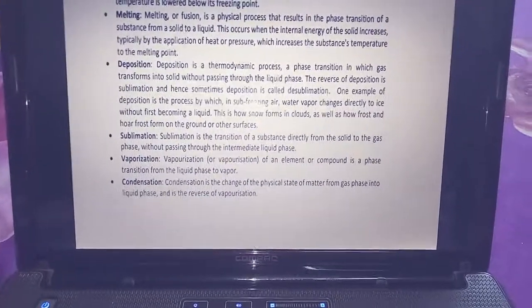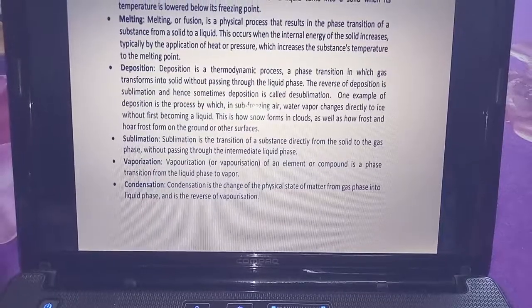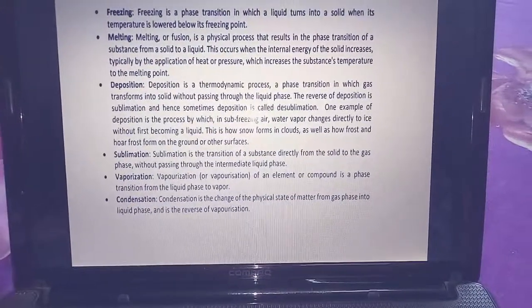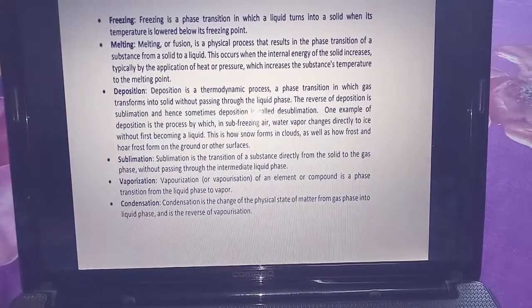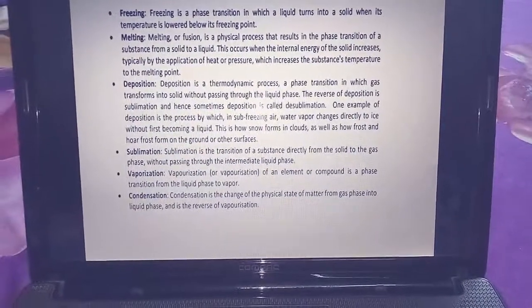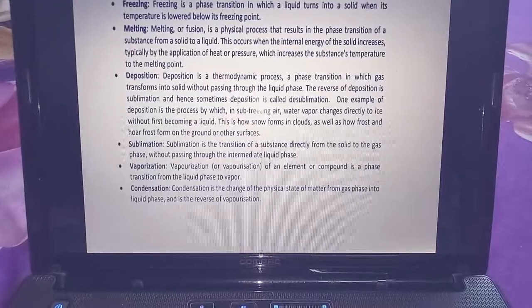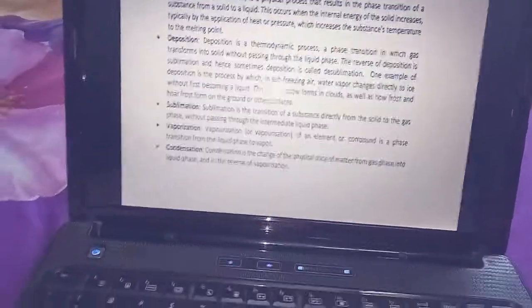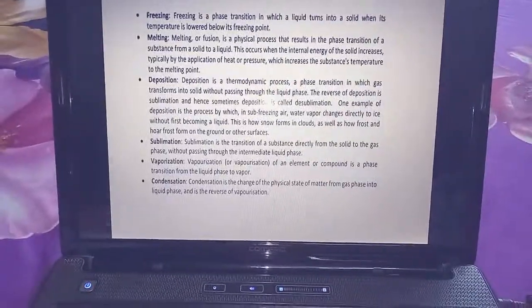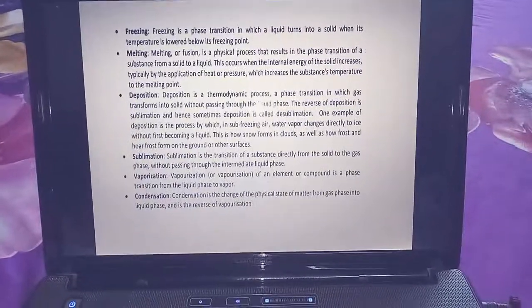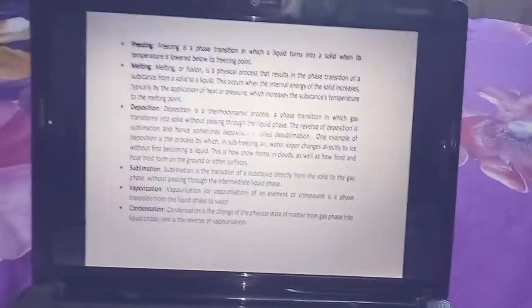Condensation is the change of the physical state of matter from gas phase into liquid phase, and it is the reverse of vaporization. Students, we have discussed that in vaporization the liquid phase is converted into the vaporous phase, but in condensation this is the opposite process. Means the vaporous phase is converted into the liquid phase.